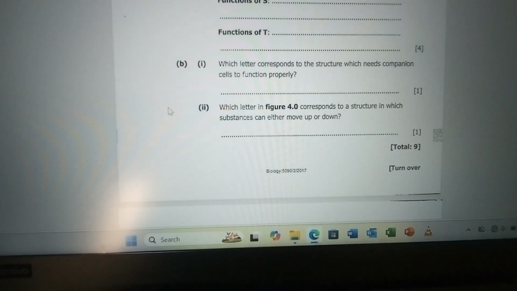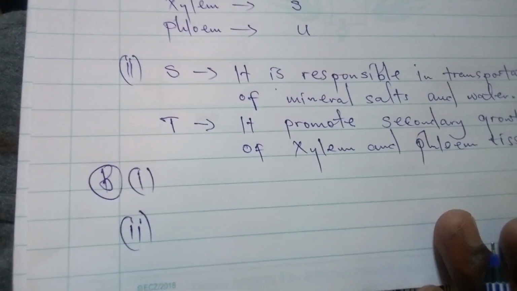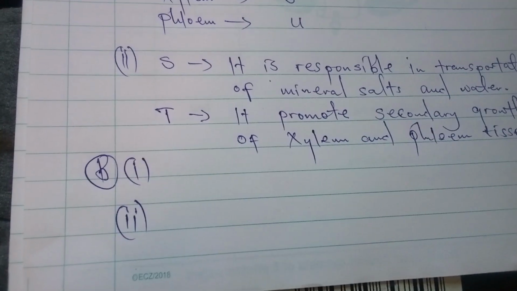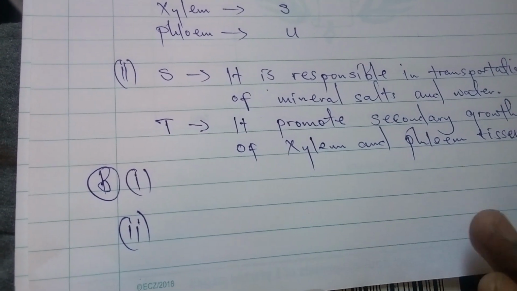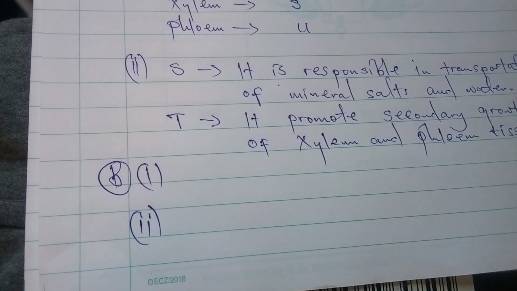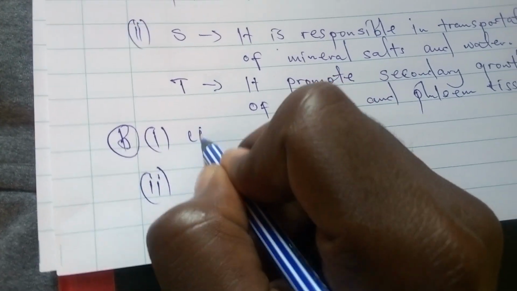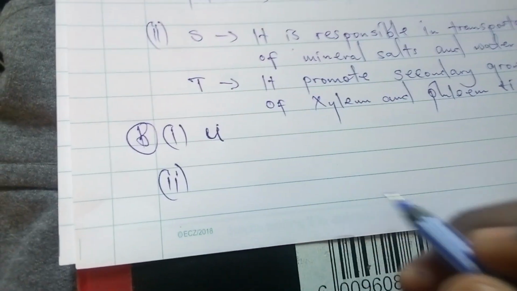So first we answer. You have to be very careful whenever you are answering. They are saying which letter corresponds to the structure which needs companion cells to function properly. So that is U, because companion cells are attached to phloem tissues.